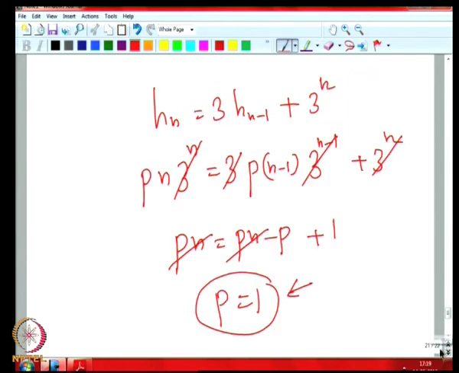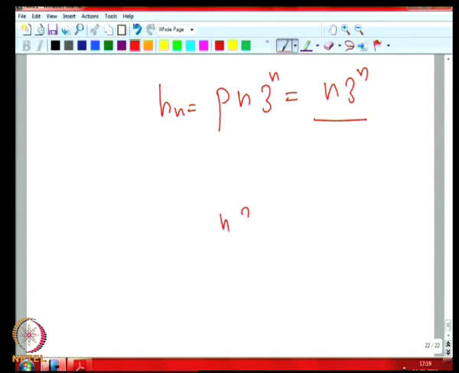So, we can try it out here, you will see that it is correct, because this is n into 3 raised to n, this is 3 into (n minus 1) into 3 raised to n minus 1. So, n into 3 raised to n equal to 3 into (n minus 1) into 3 raised to n minus 1 plus 3 raised to n.